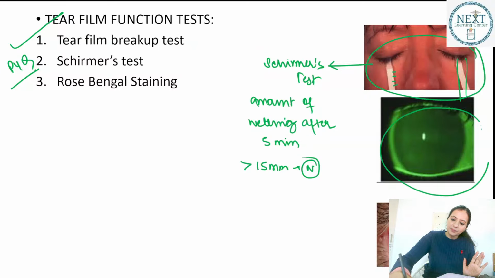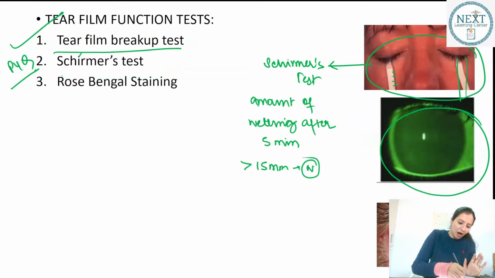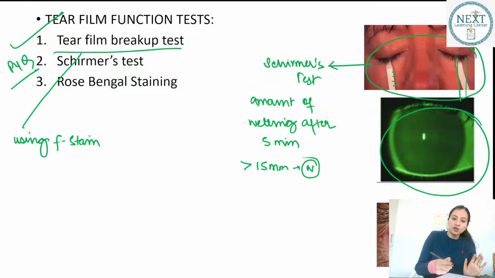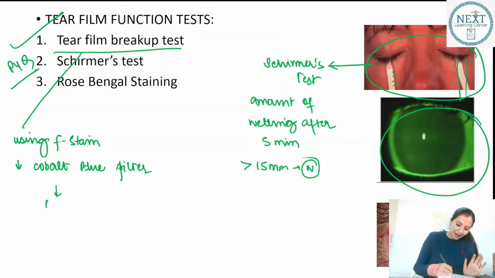This is your tear film breakup test. How do we do it? We do it using your fluorescein stain, and you visualize it under cobalt blue filter. Remember one thing, fluorescein stain under cobalt blue filter. How will it look? It will look green.